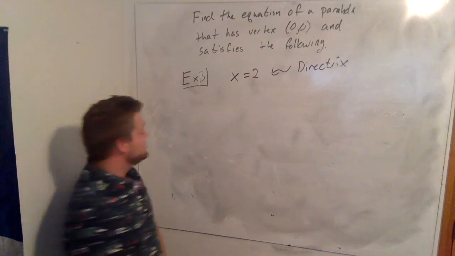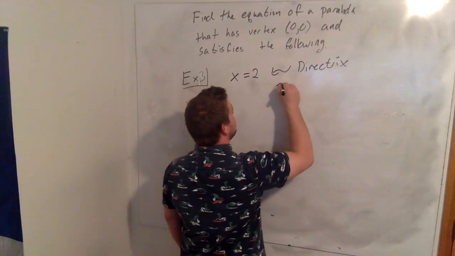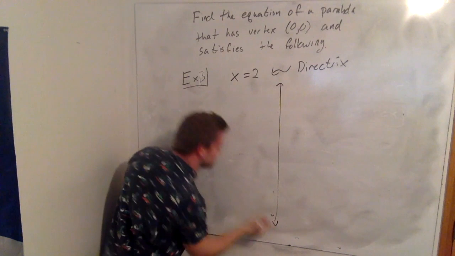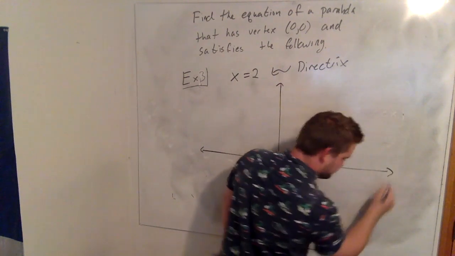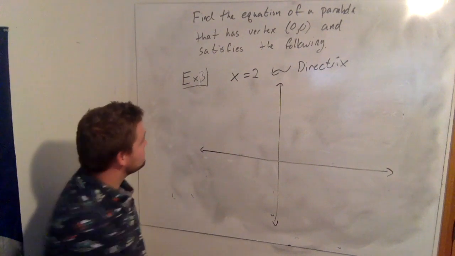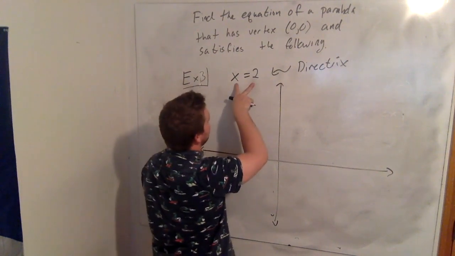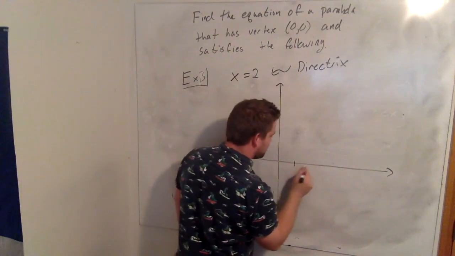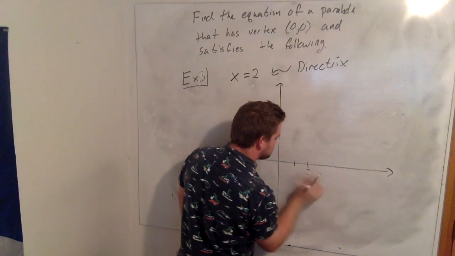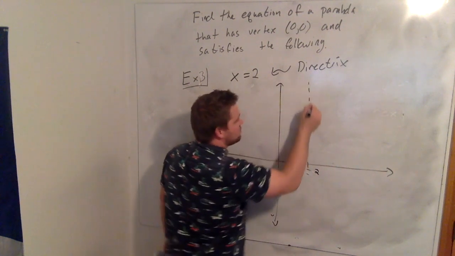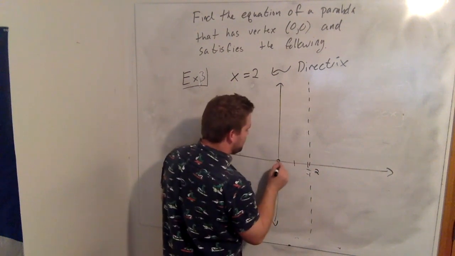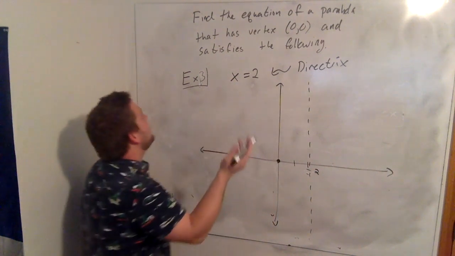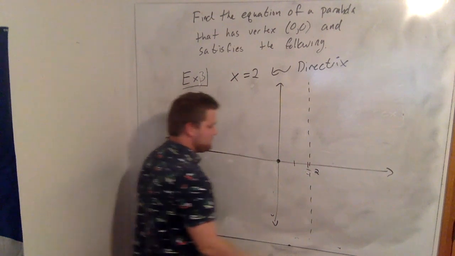Okay, let's do it. Let's draw a picture. The directrix is the vertical line x equals 2. So here's our directrix. We know that the parabola has its vertex at the origin.